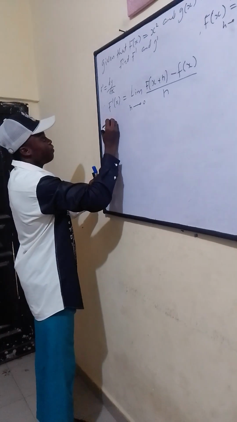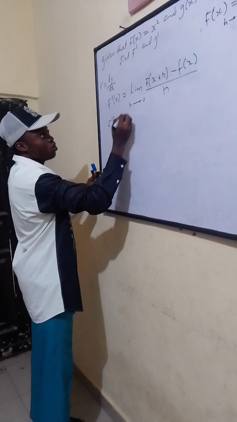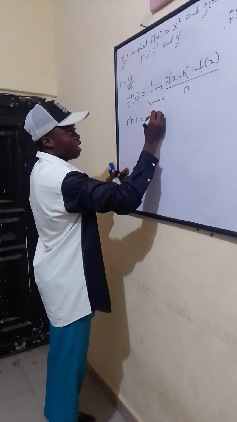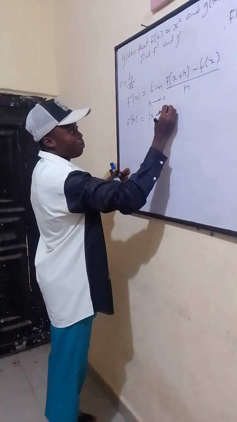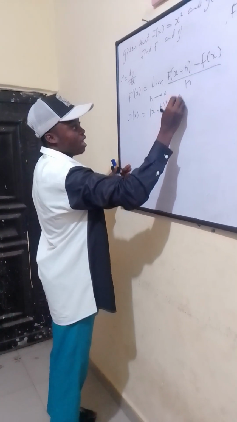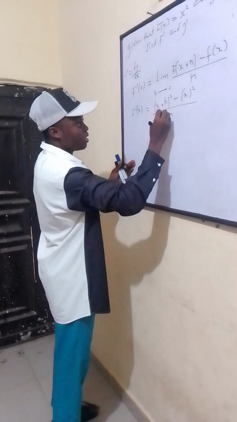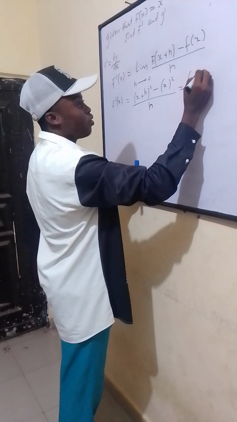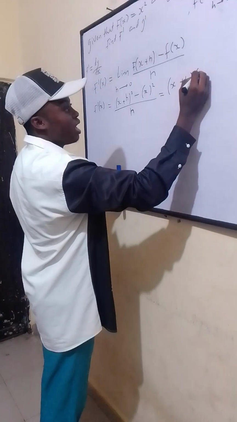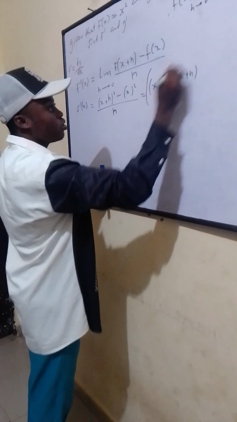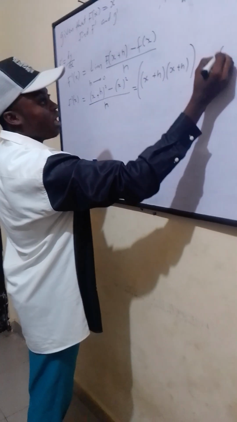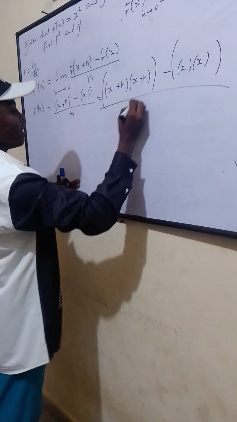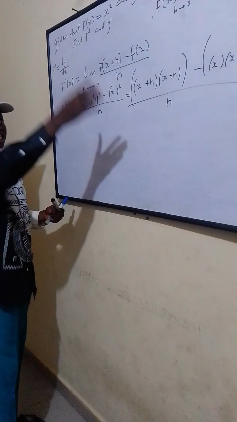We're going to have f prime of x is equal to the limit of x plus h all squared minus x all squared all over what? h, which is the same thing as saying x plus h, open bracket x plus h close, minus x squared, all over h. Now let's expand.